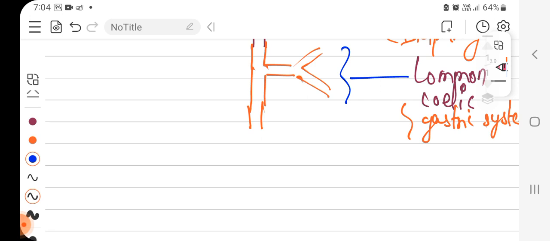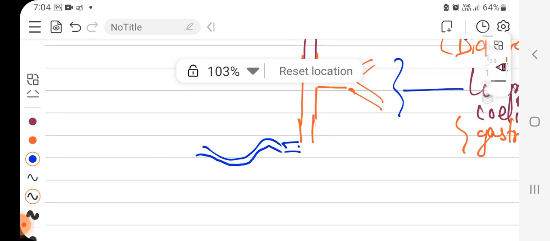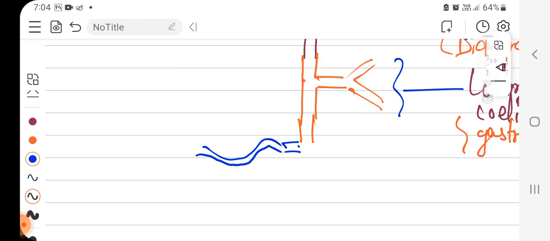Now downside we have this opening here, which supplies blood to the mesentery of the stomach or intestine, which helps to strongly attach the duodenum, ileum and jejunum with each other. This is known as the mesentery.